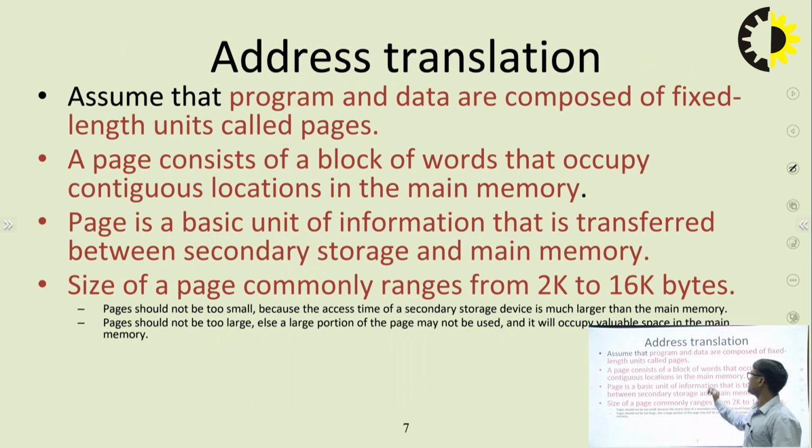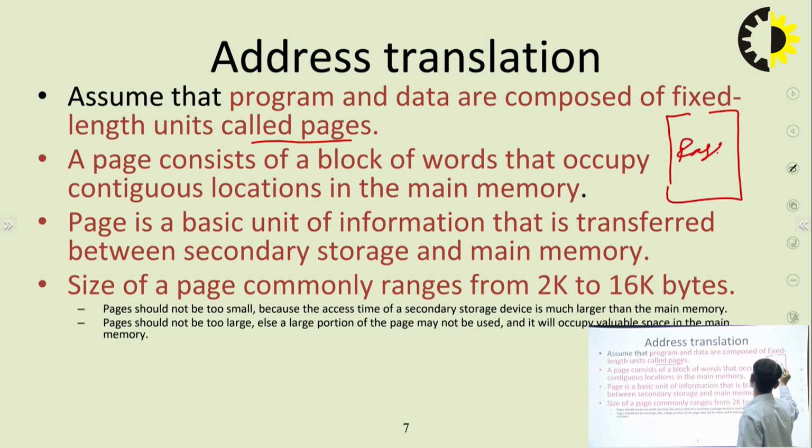So assume that the program and data are composed of fixed length units called pages. What we are saying is that the logical division of a program is in the form of pages, so page 1 and page 2. A page consists of a block of words that occupy contiguous locations in the main memory.